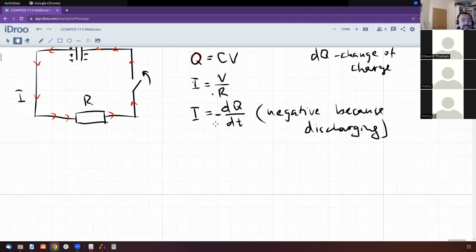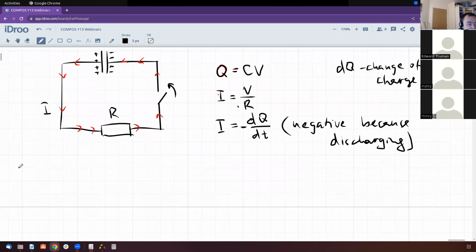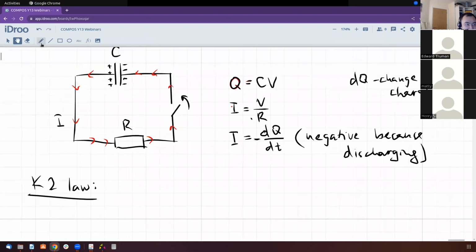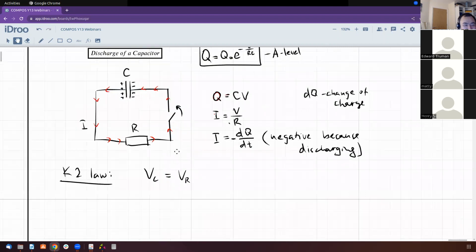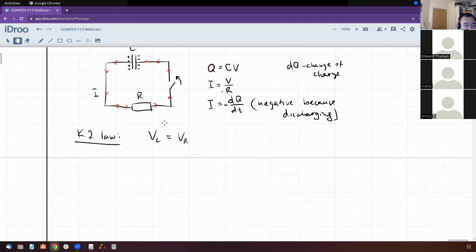All right, so now we can set up a differential equation. We have Kirchhoff's second law. It says that voltages in parallel are the same. Basically, the voltage on the capacitor is equal to the voltage on the resistor, so there's nothing serious here. The voltage on the capacitor is Q over C, and the voltage on the resistor is IR.